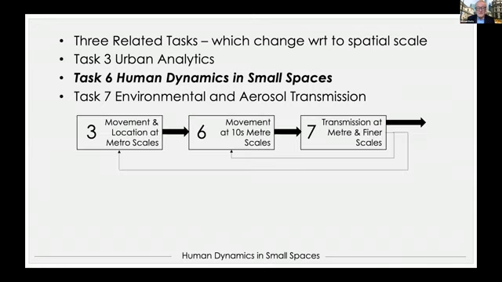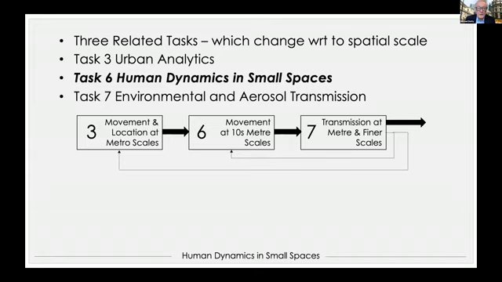I like to think of them as informing each other in this particular way: the movement and location at metro scales. We saw this morning a number of presentations looking at what I would call the urban metropolitan scale, thinking of urban as covering the whole country, but working with units such as middle layer super output areas.